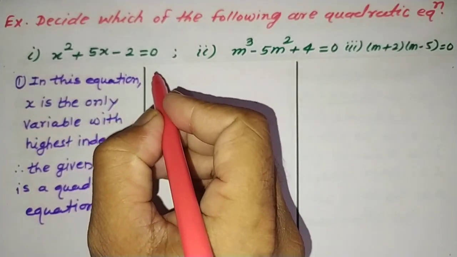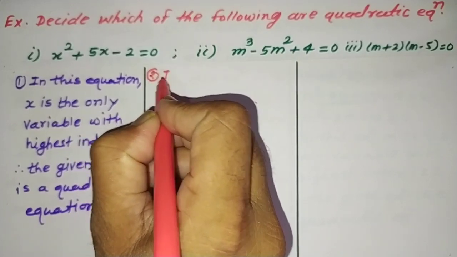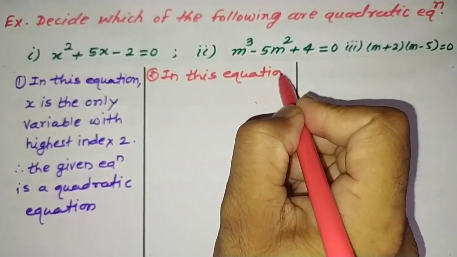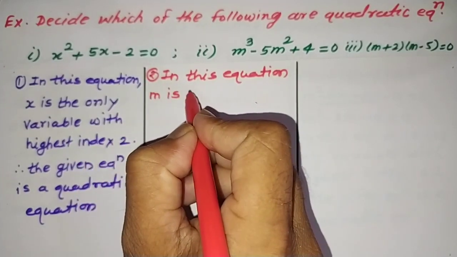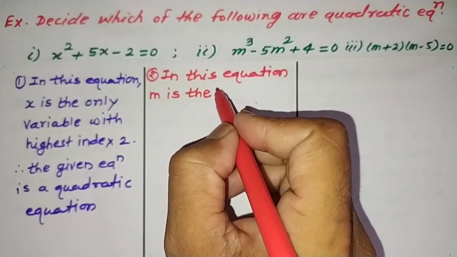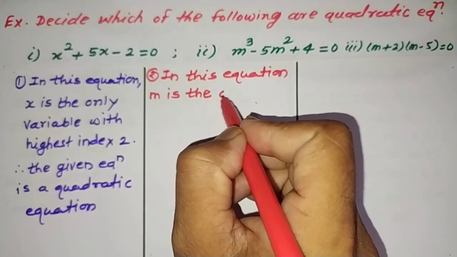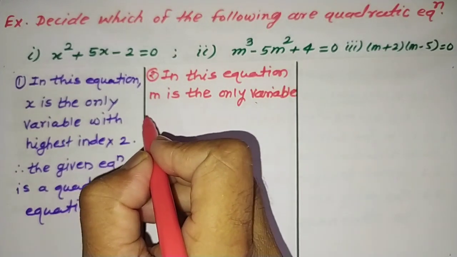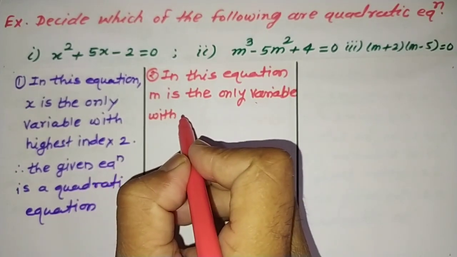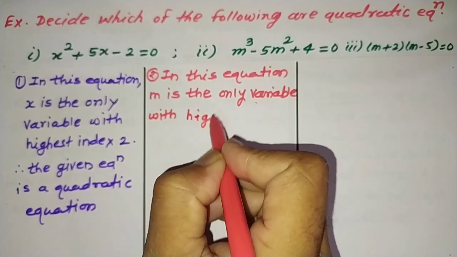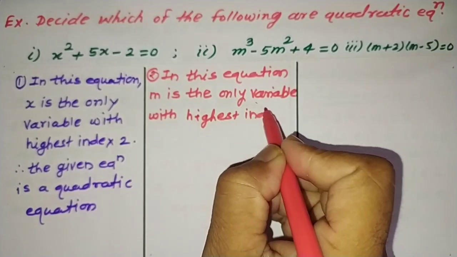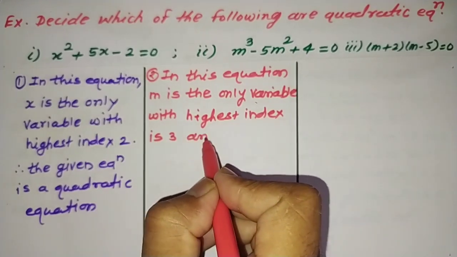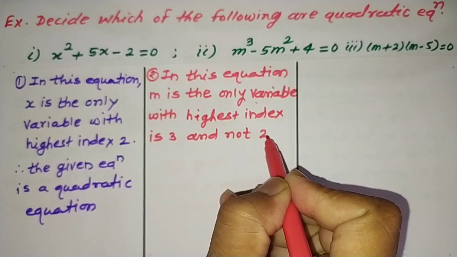In this equation, m is the only variable, with the highest index being 3 and not 2.